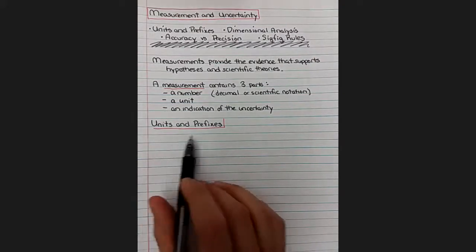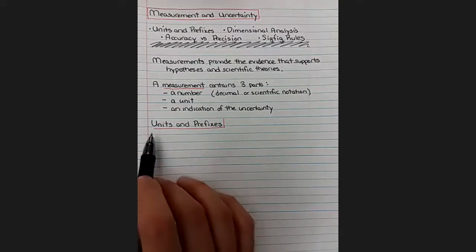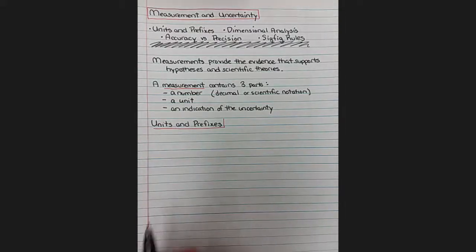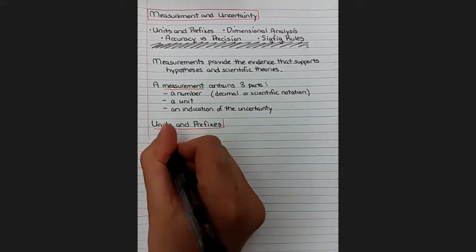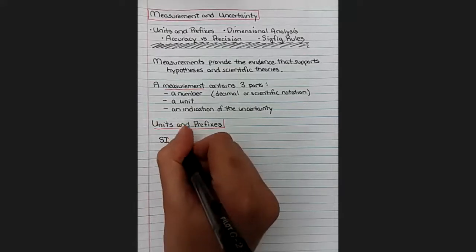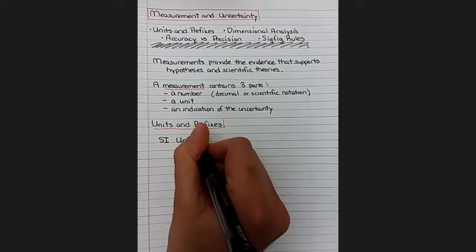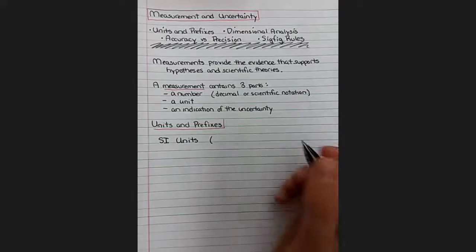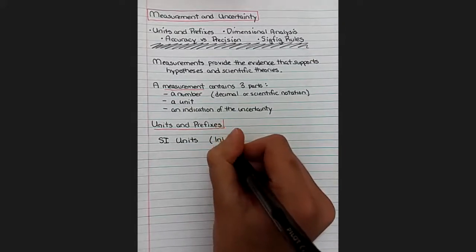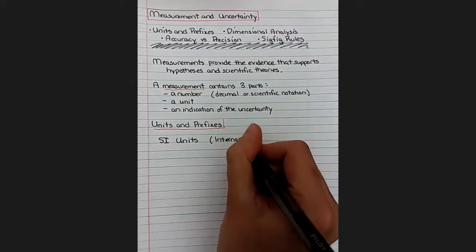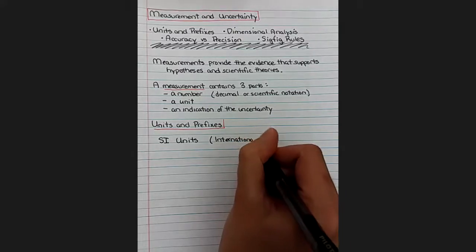Okay, so we'll start with units and prefixes. So units are the standard we compare them against, and our standard units are called SI units, because SI is an acronym that stands for something in French, which translates to the International System of Units.